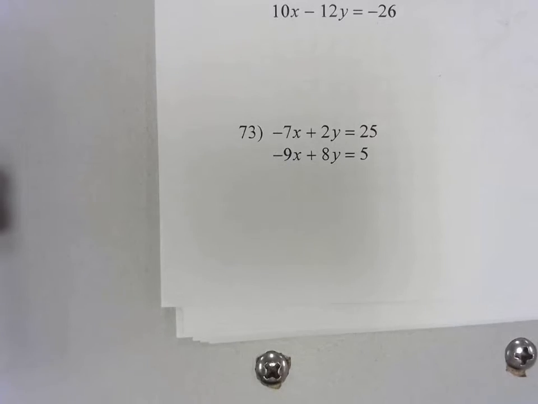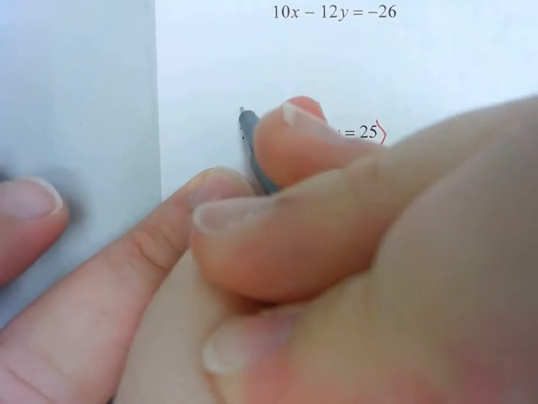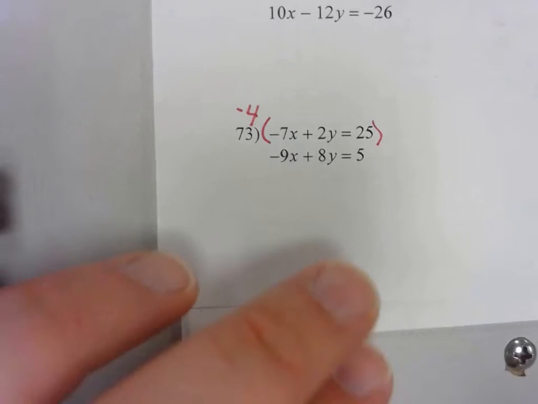She notices that there's an 8y in the bottom equation and a 2y in the top equation, and she wants the same number with opposite sign. So she asks, is there something I can multiply 2 by to get negative 8? Negative 4. So we're going to multiply negative 4 through my top equation.